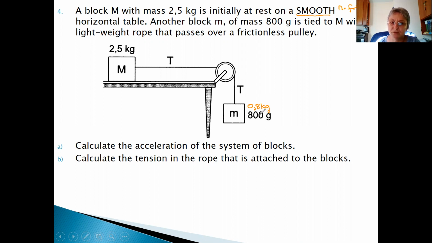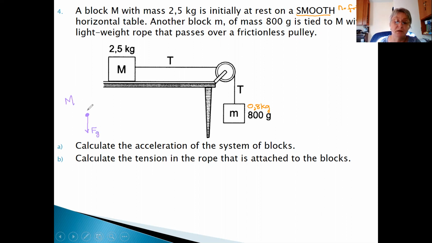In order for us to calculate the acceleration of the system of blocks, we need to draw a free body diagram for each object. So here we go for M. Now, I could include the gravitational force here.